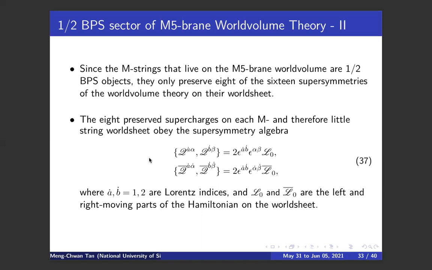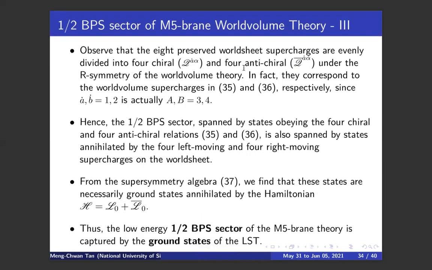Okay, the rest are spontaneously broken by a super Higgs mechanism, which was described by Polchinski very nicely in the textbook, right? Okay, so you can see that the 8 preserved worldsheet supercharges, as I mentioned, are 4 chiral and 4 anti-chiral, okay, and they actually correspond to the world volume supercharges, whereby AB12 is actually AB34, okay.